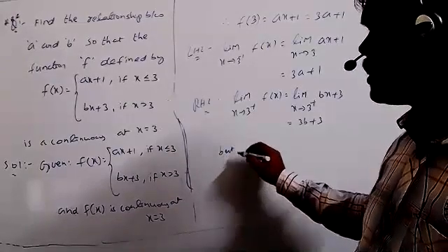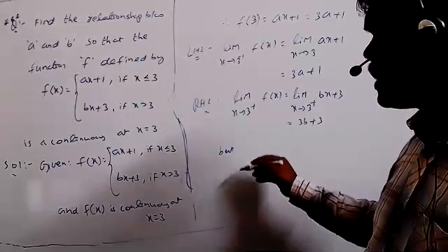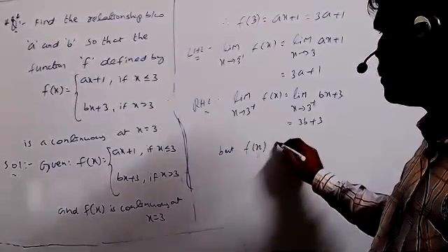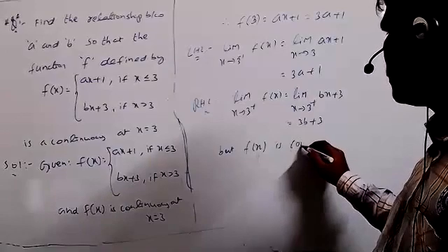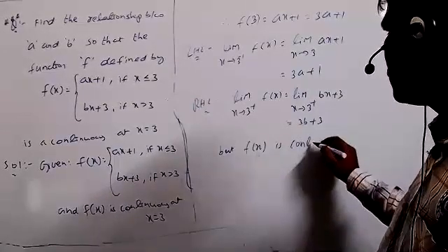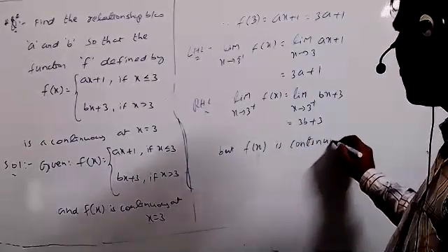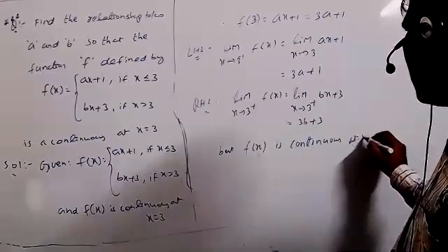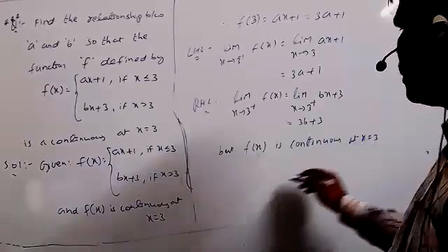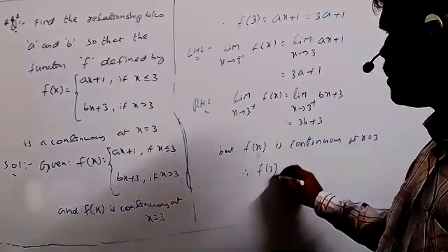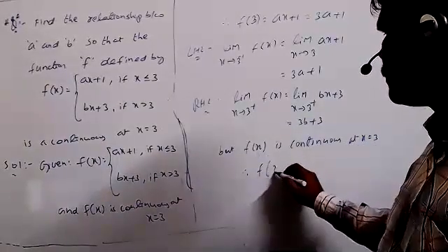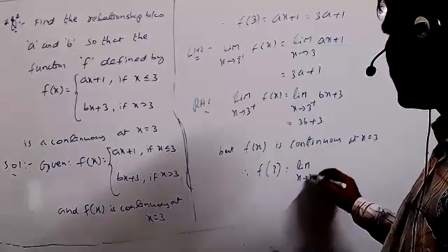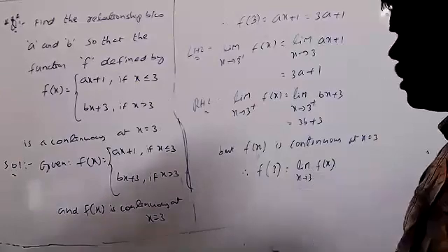So therefore, we know very well that given the condition f of x is a continuous function at x equal to 3, f of 3 equals limit x tends to 3 of f of x.